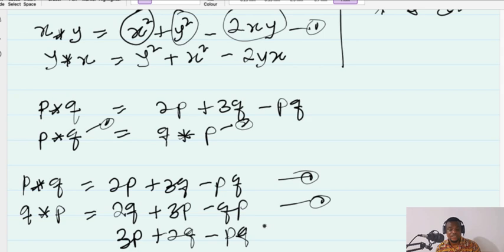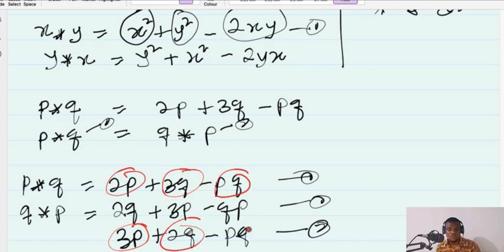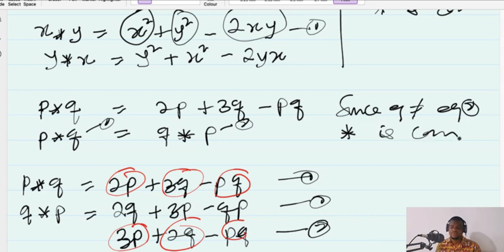This is the original equation 2. So let's compare term by term. Equation 1 has 2P, equation 2 has 3P; equation 1 has 3Q, equation 2 has 2Q; PQ, PQ. So they are not the same. Since equation 1 is not equal to equation 2, therefore the operation star is not commutative. So it's very simple to look at the commutative.